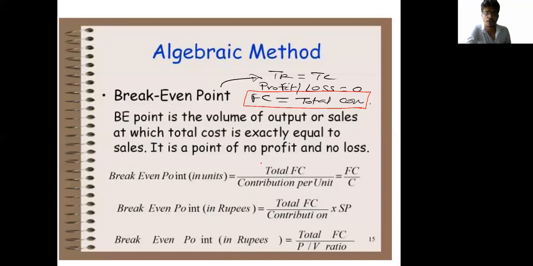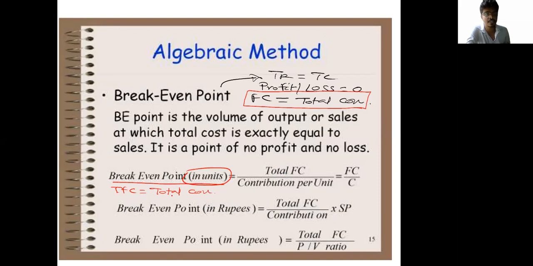As total fixed cost equals the total contribution in the break-even point, we can use total fixed cost to get the break-even point. Therefore, to calculate the break-even point units, we can use this equation.